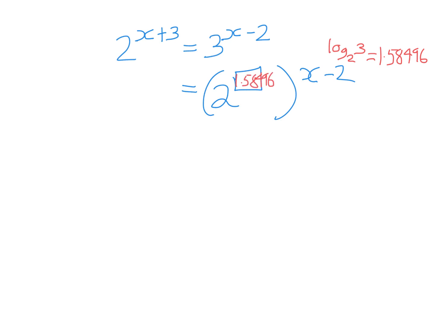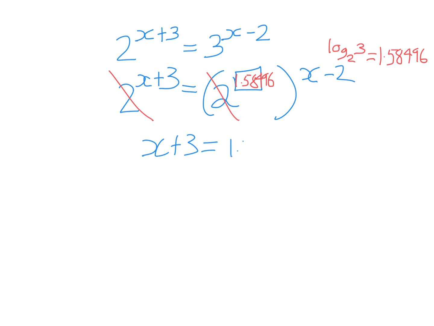So doing this helps us because now we have the same base on both sides. So we can simply get rid of the 2's. What we're left with now is x plus 3 equals, now the index law says power to a power, you multiply the powers. So I've got to multiply this number by x minus 2.